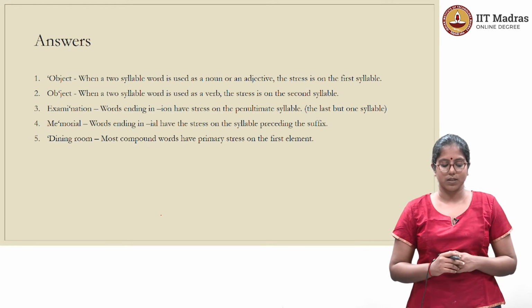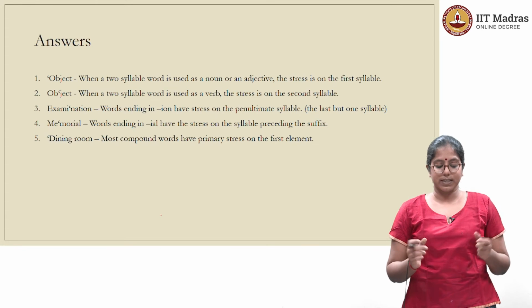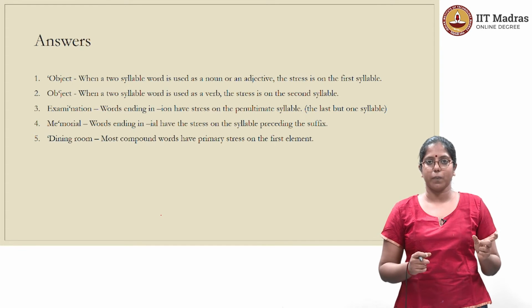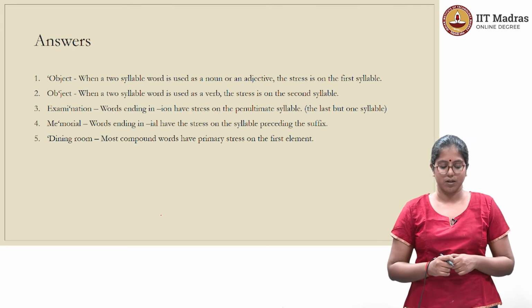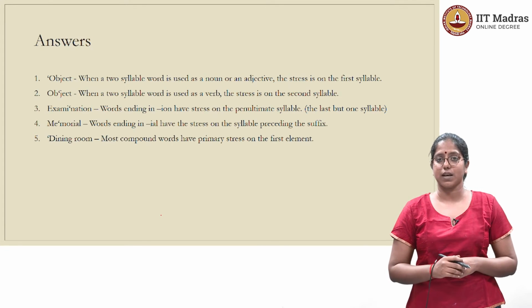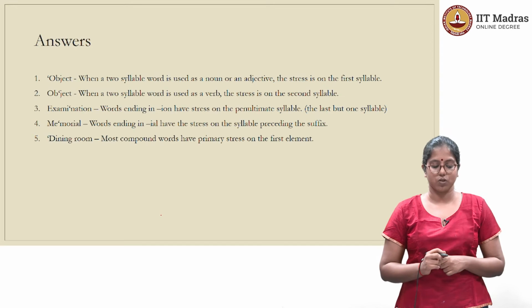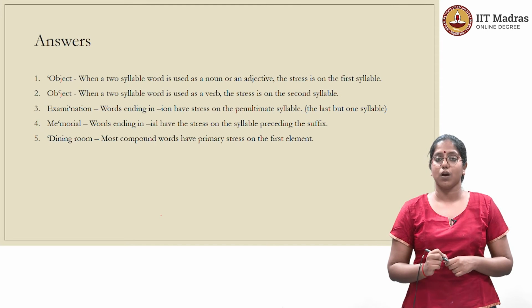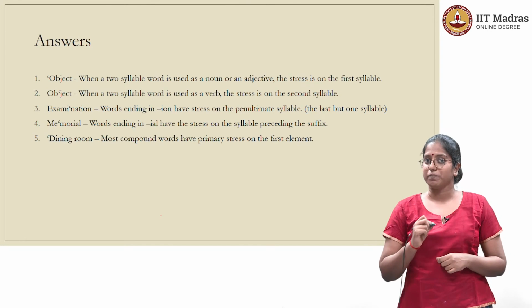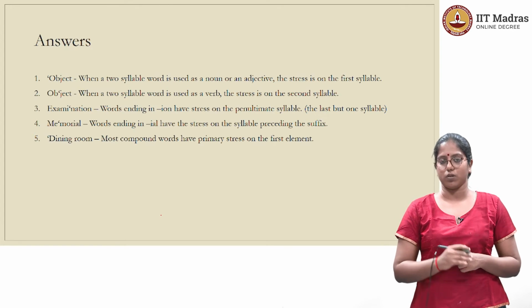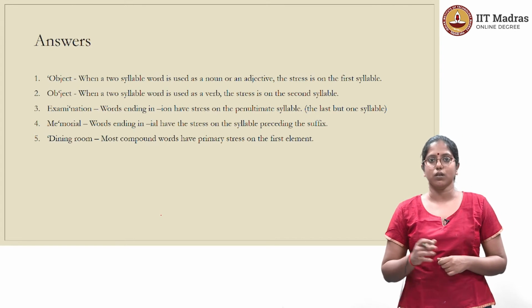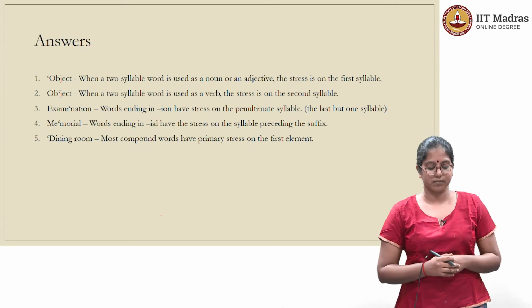So in this case, what is the syllabification here? Ob-ject. So where does the stress come? On the first syllable. So how do you pronounce it? Object. The stress is on O sound. Let's pronounce it object. Good.